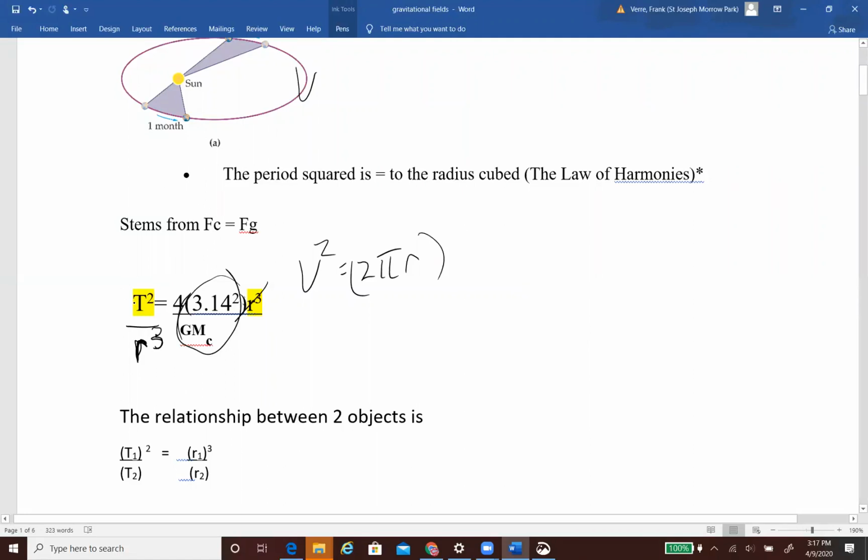I can say that if I know the orbital period and orbital radius of any planet, let's say, for example, for Earth, I have the orbital period and the orbital radius of Earth. Let's think of it as a circle, I know it's not a circle. Let's say the radius is 1 astronomical unit.